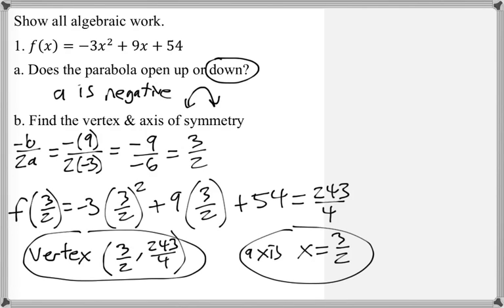And again, just to remind yourself, the vertex is actually a point, and the axis is a vertical line. You don't need to put that, but it is kind of useful to remember.